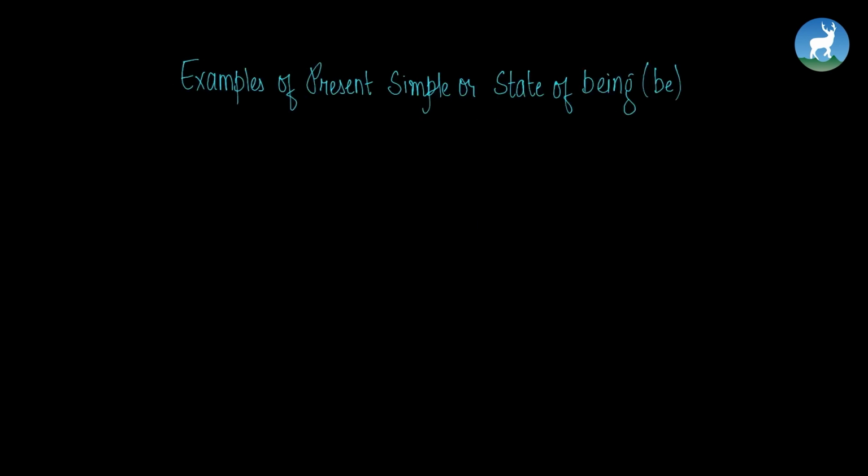So let's look at some examples to illustrate how the present simple tense or the state of being is used, or we can simply call it present simple form for the state of be. So the first example, I am happy, like we did just a while ago. So this expresses a permanent state for the time being, right?